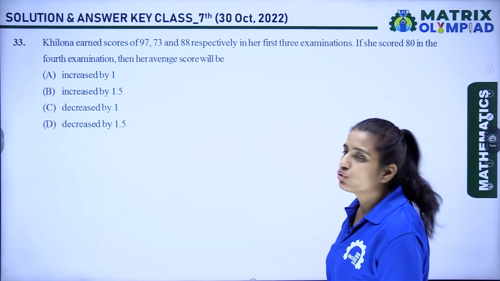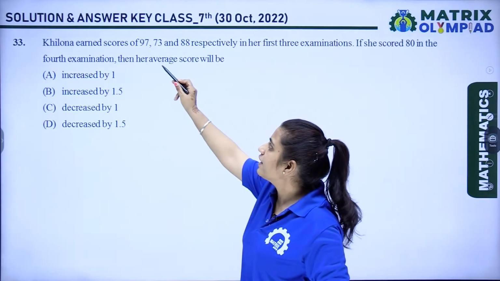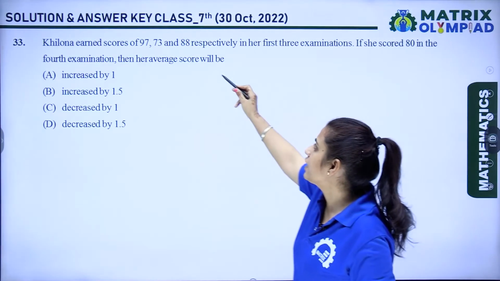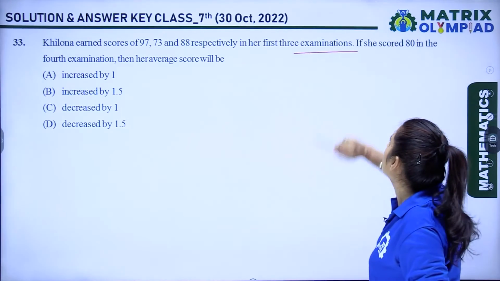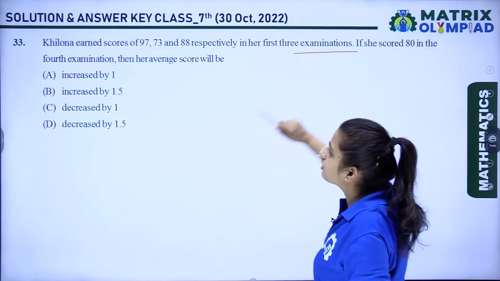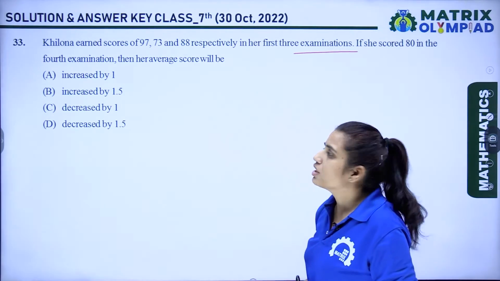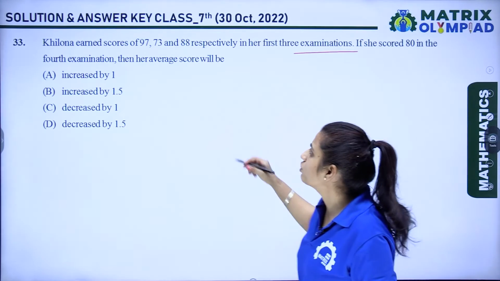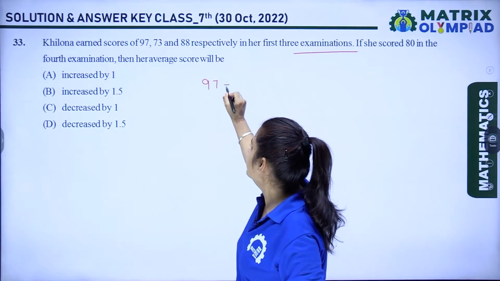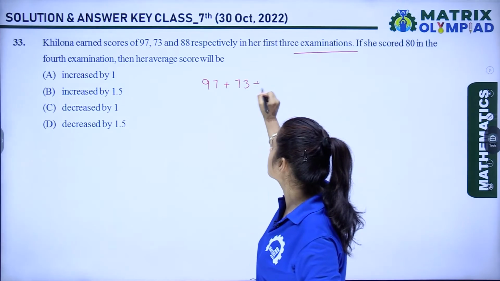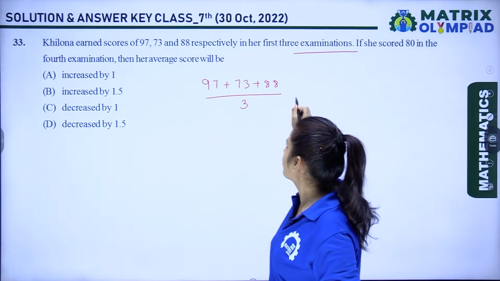Now next question is, Hilona earned a score of 97, 73 and 88 respectively in her first 3 examinations. If she scored 80 in the 4th examination, then her average score will be. First of all, we have to find out the average score of the first 3 exams, that is 97 plus 73 plus 88, divided by 3.